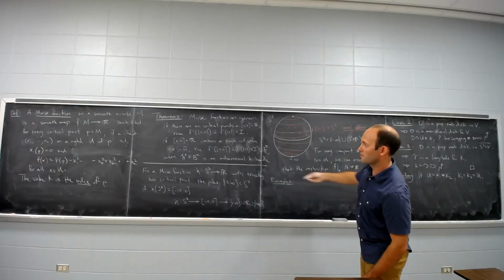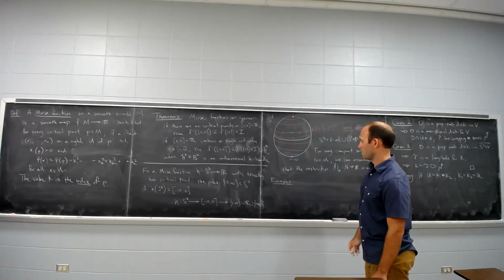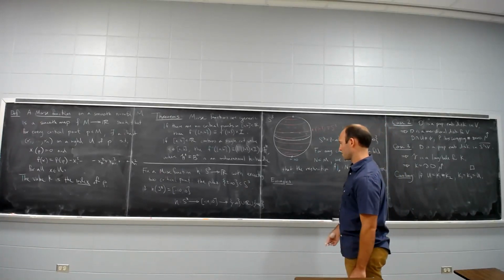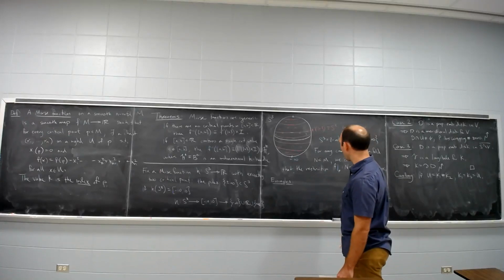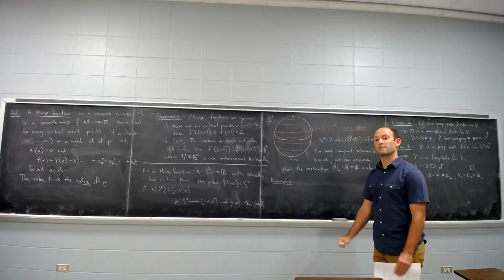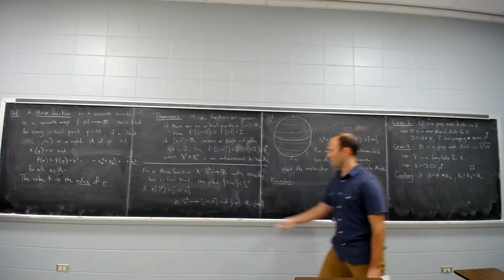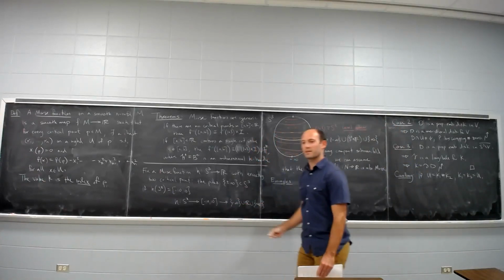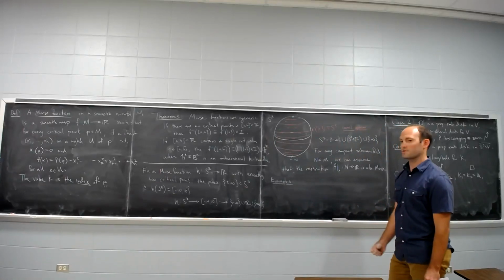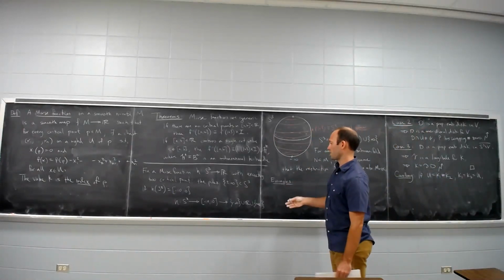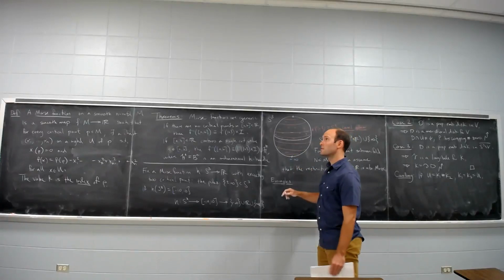So the range is still like negative 10, 10? Well, no. The range of the restriction could be different. It'll be a subset of negative 10, 10. In general, it'll definitely be a proper subset.